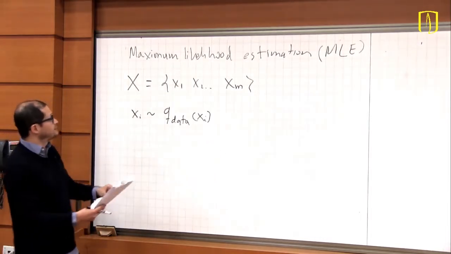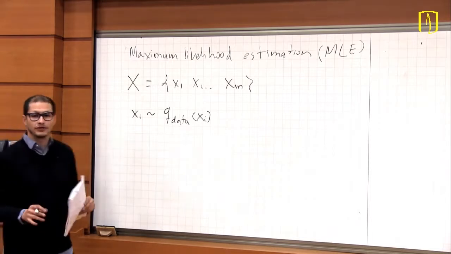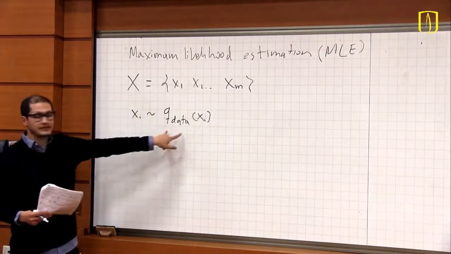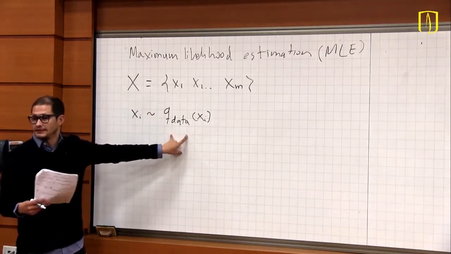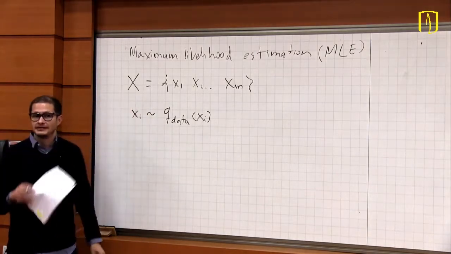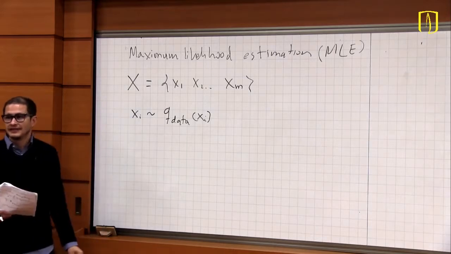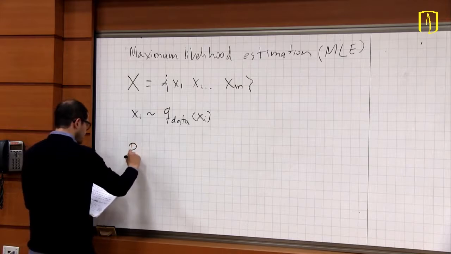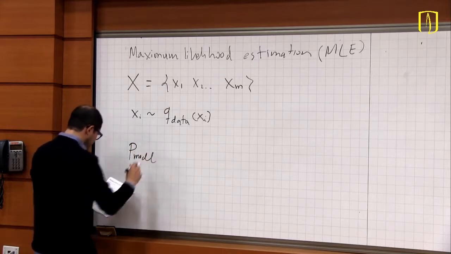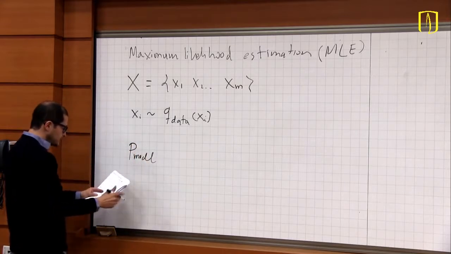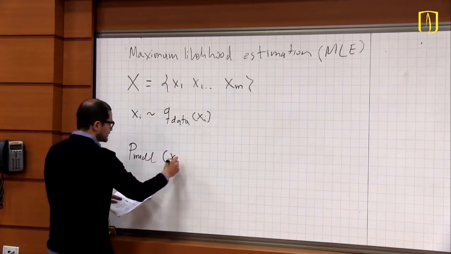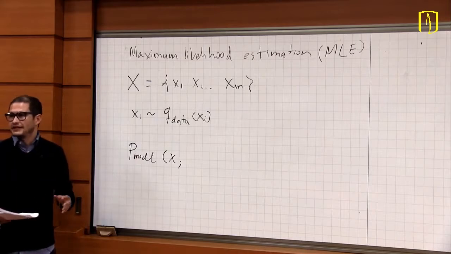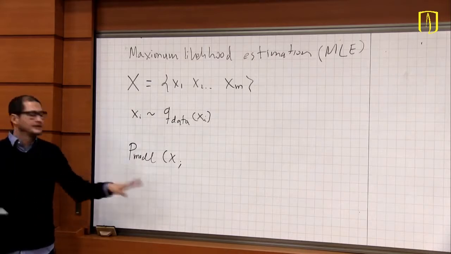The idea of maximum likelihood estimation is that we're going to propose a model distribution that approximates this distribution that we imagine is out there in the universe. So we're going to propose a model, P model, which is a function of x parameterized by some set of parameters. You can start thinking, what is this model?